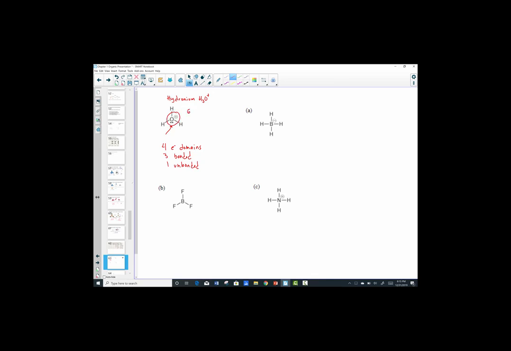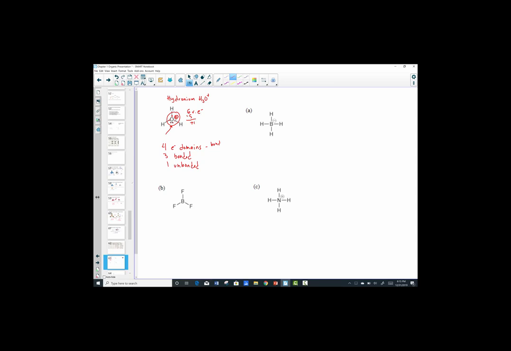Oxygen lives in group 6. It has 6 valence electrons. It has 1, 2, 3, 4, 5 assigned electrons, giving it a formal charge of +1. That's why you need to see the plus charge, because it's part of the Lewis dot structure. But it does not matter when we're counting domains. A domain is a bond. I don't care if the domain is a single, double, or triple, it still counts as one domain.